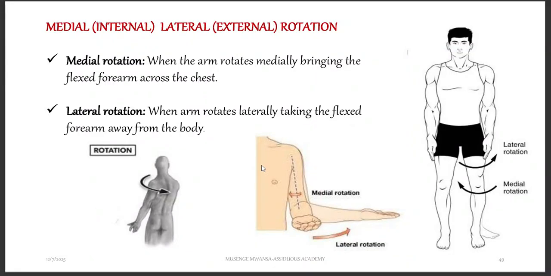That is circumduction. And then there's what we call medial rotation or internal rotation and lateral rotation or external rotation. So medial rotation is rotating, moving towards the middle. For example, you can see this one on this middle picture. If I'm moving the hand and the forearm towards the body, rotating it like that, that's known as medial rotation.